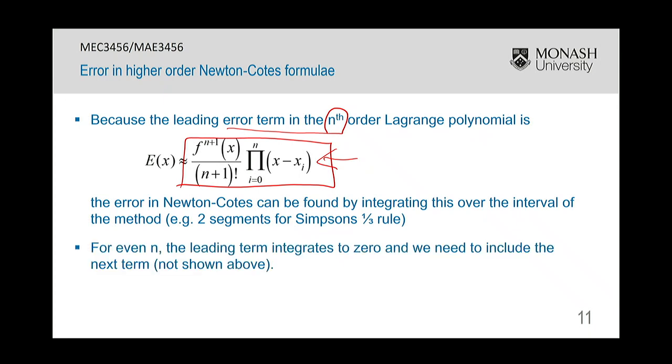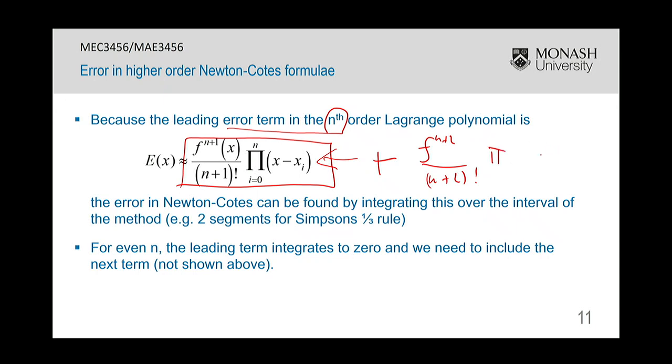It turns out that for even n, so 2, 4, 6, and 8, the leading term above integrates to 0. And in actual fact, we need to include the next term in this expansion. So there is another term down here, which scales like f to the n plus 2, over n plus 2 factorial.